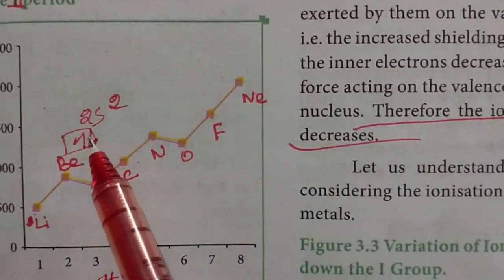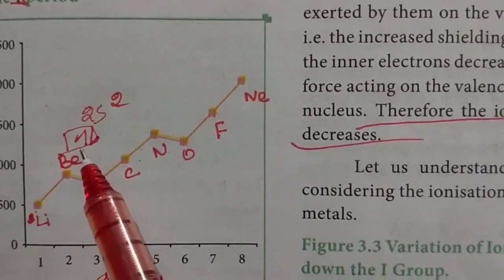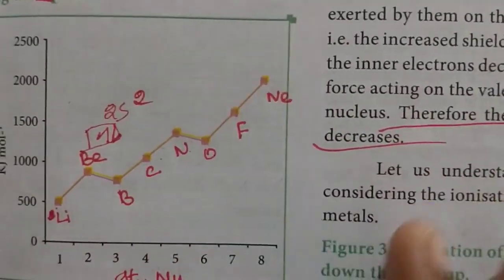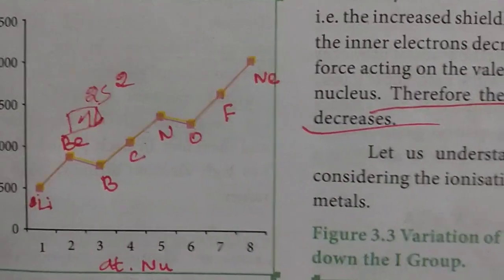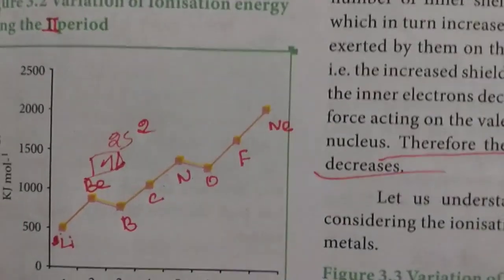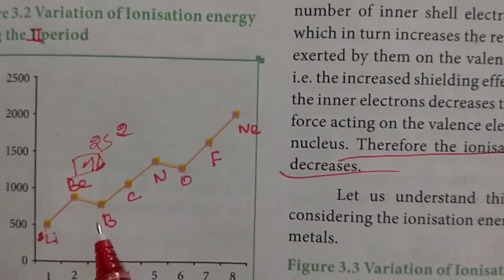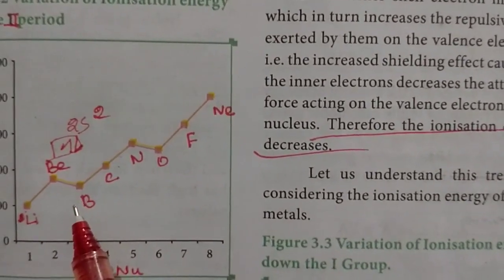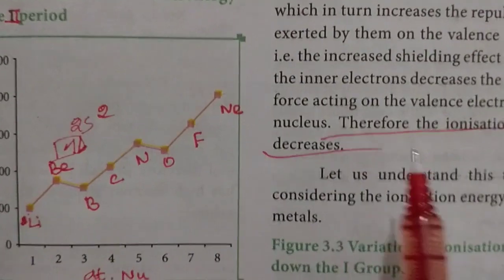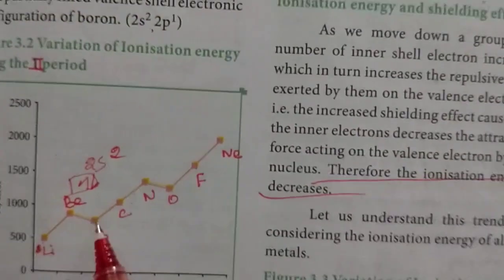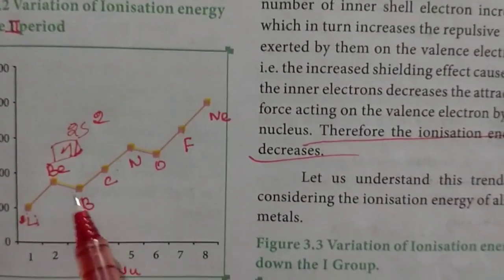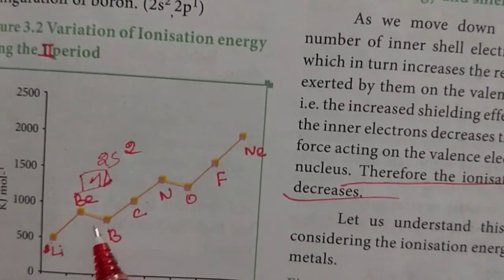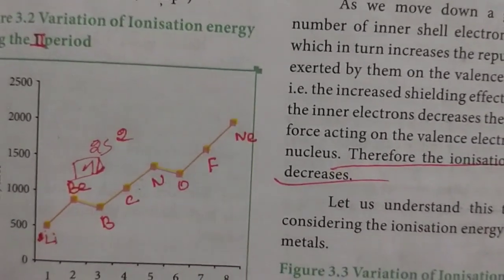Filling 2 electrons in one orbital is more stable than incomplete filling of an orbital. Because of this concept, the stability of partially filled, fully filled and unsymmetrically filled orbitals in boron and beryllium, it gives the deviation here.